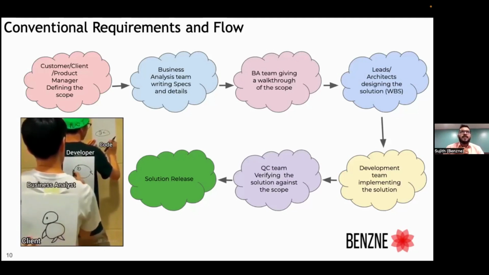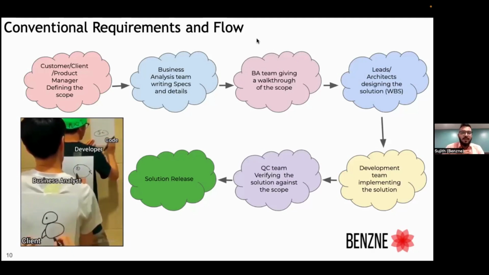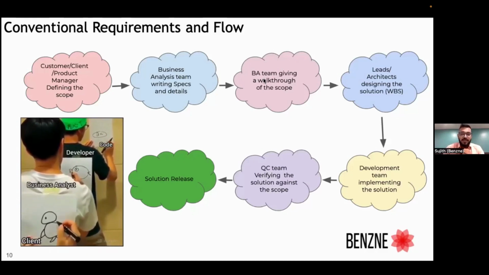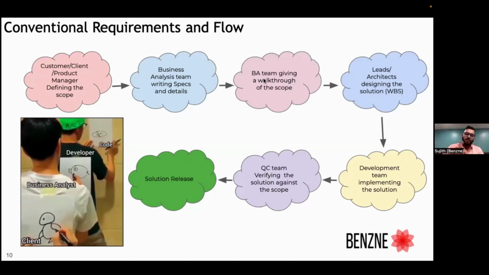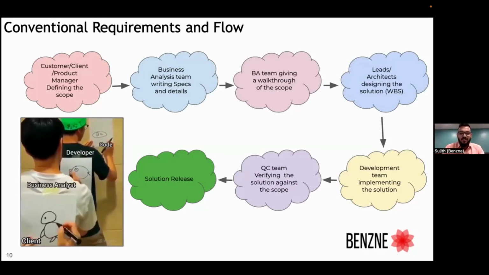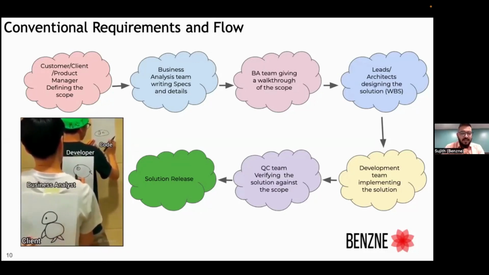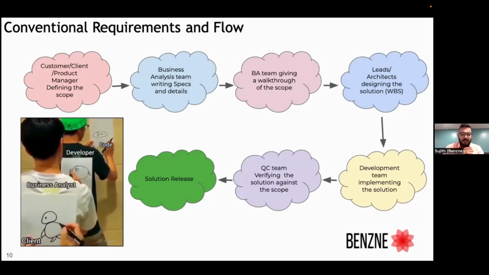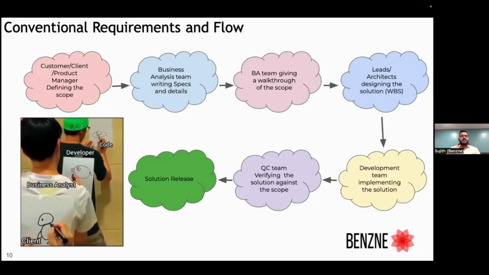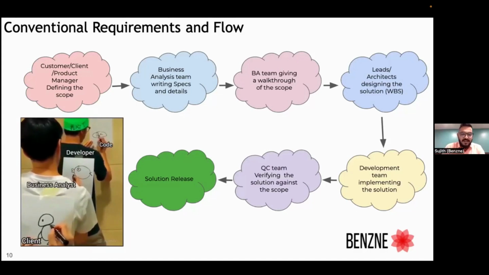And once the development is done, there's also a QC team verifying the requirement, as to whether the solution meets the requirement given by one person who's a customer or client, or a set of people who are product managers. So this is generally the flow of requirements from the product team till the QC team. Once this is done, we also release it and make it available for the users, right?